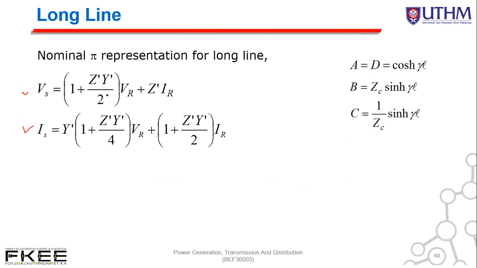For the long model, we represent impedance Z as Z prime and admittance Y as Y prime. Same for B, that is B equal to Z prime. C equal to Y prime times 1 plus Z prime Y prime over 4. And D equal to A, that is 1 plus Z prime Y prime over 2.